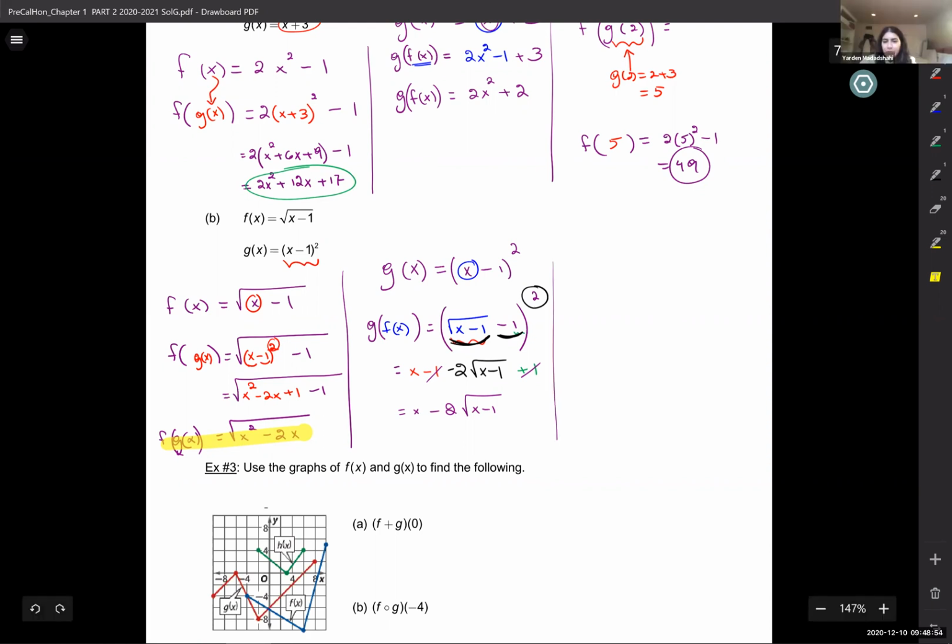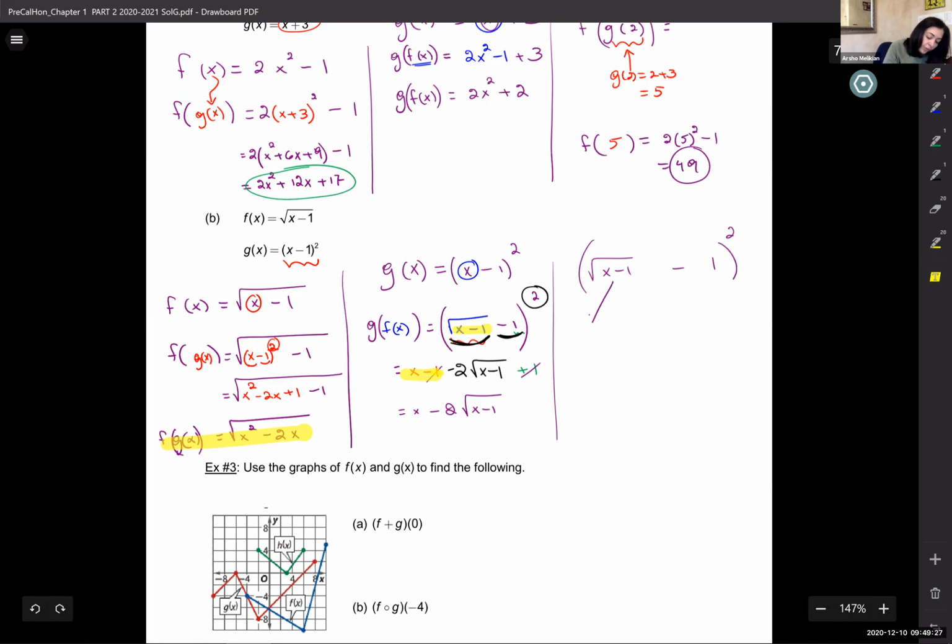Miss Malikian, I thought that when you had a square and a square root, it just cancels out the square root. Yes, that's why when I first squared this term, I only got x minus 1 without the square root. Okay. So you're kind of factoring it. You're not just taking away the square root. Kind of. So when you had this, right?